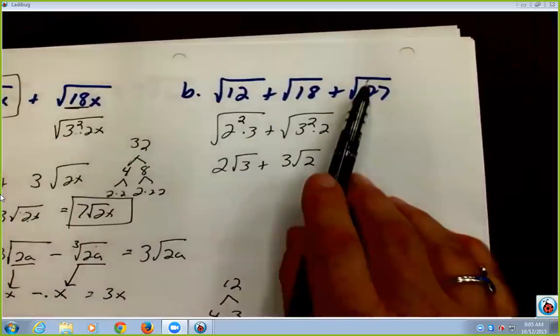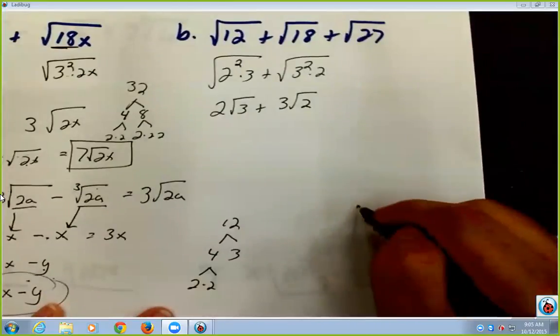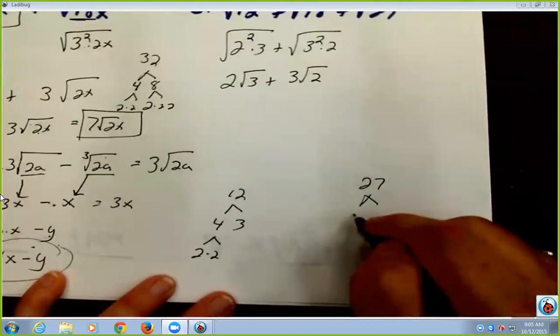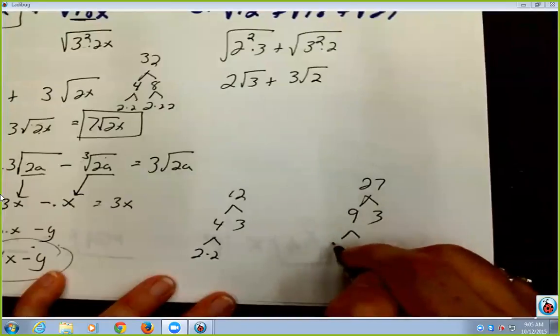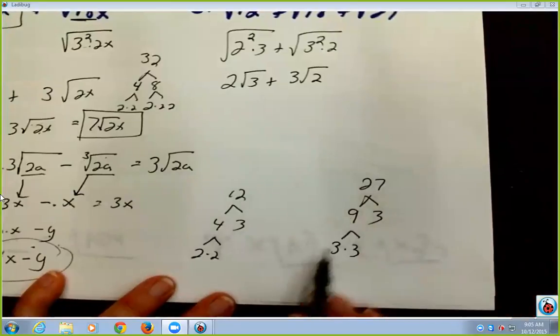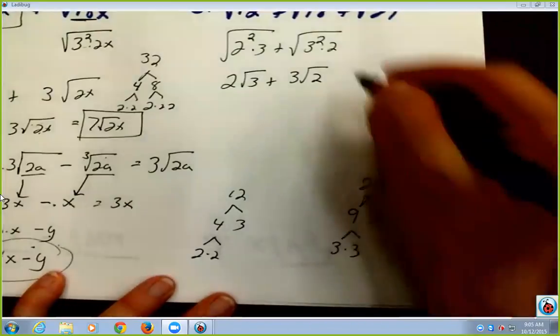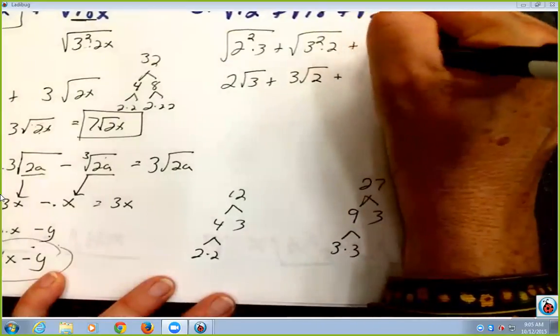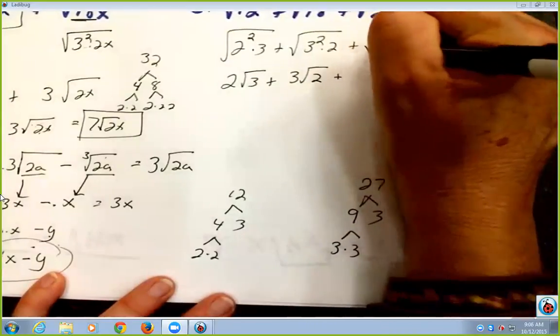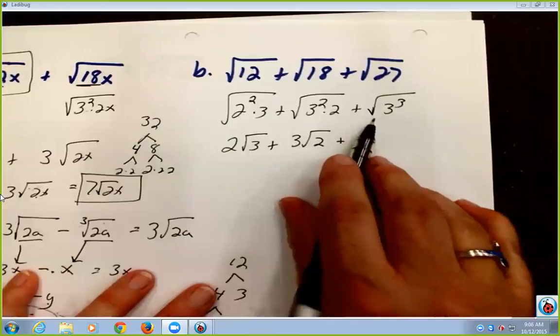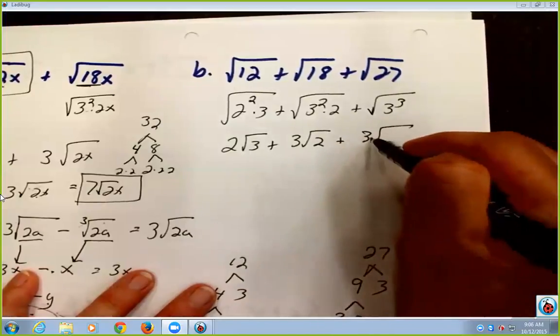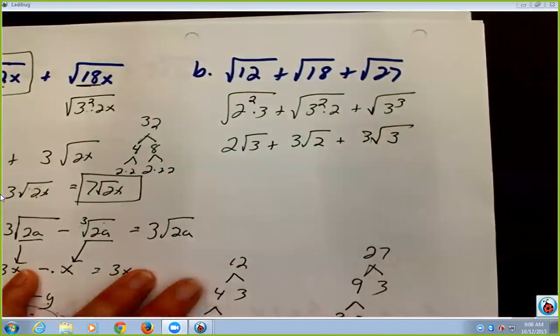And then what happens to 27? Well, 27 becomes 9 times 3. And 9 becomes 3 times 3 times 3. So in this one, I can pull out a 3, and it's going to leave a 3.